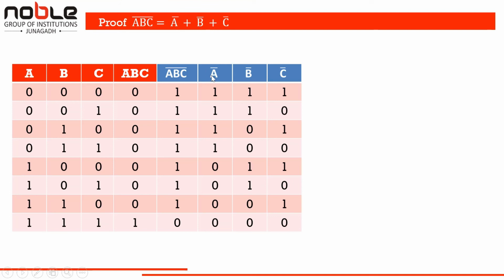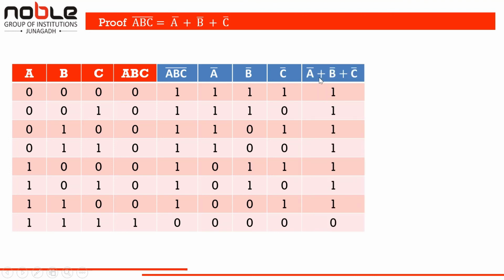From these three individual A bar, B bar and C bar, we can easily identify the value of A bar plus B bar plus C bar, and it is 1 1 1 1 1 1 1 0. So from this table we can see the value of A dot B dot C whole bar is equal to the value of individual A bar plus B bar plus C bar.